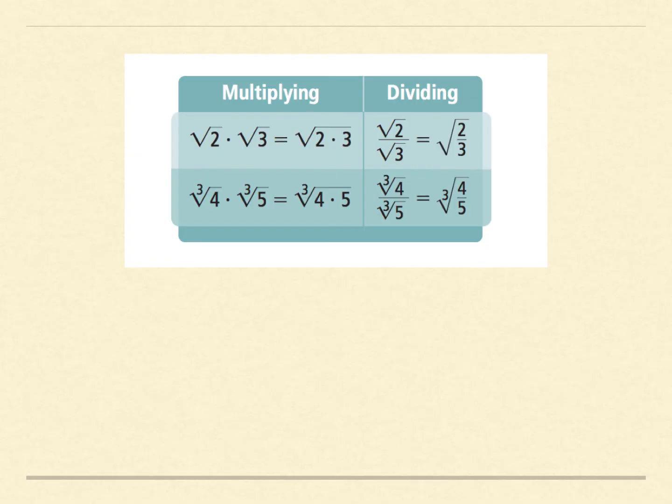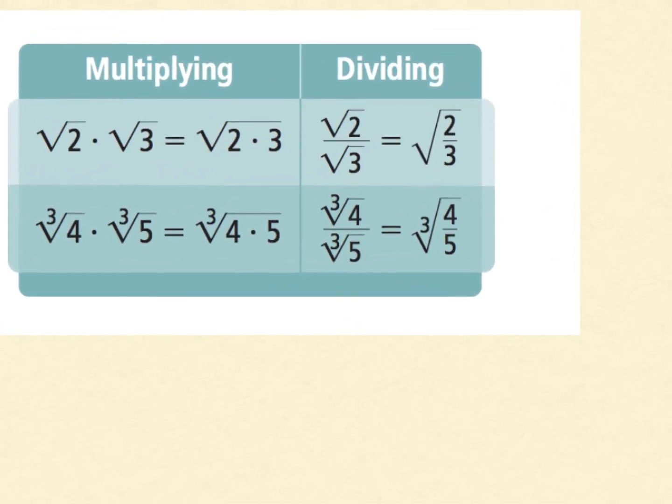All right, so same thing with dividing. We need our indexes to be the same. So when our indexes are the same, we just divide the 2 numbers together, all under 1 radical. So we go from having 2 radicals to just 1, and then the 2 numbers on the inside. So here, it's the square root of 2 over the square root of 3. So we combine it all under 1 radical, and it's just 2 divided by 3.